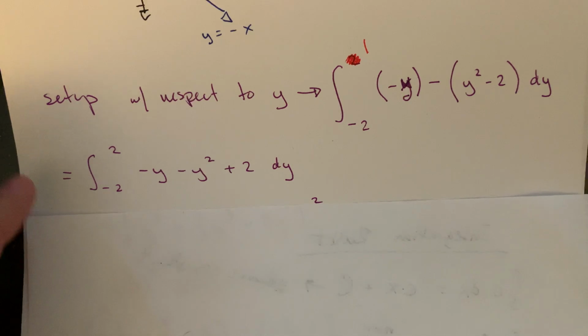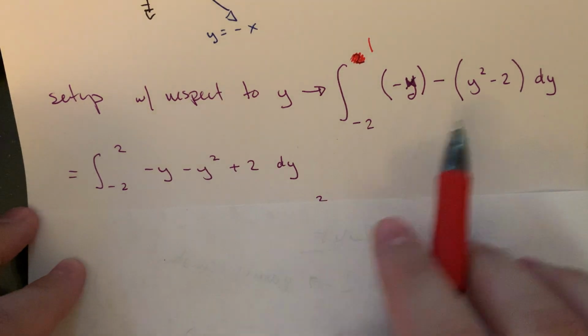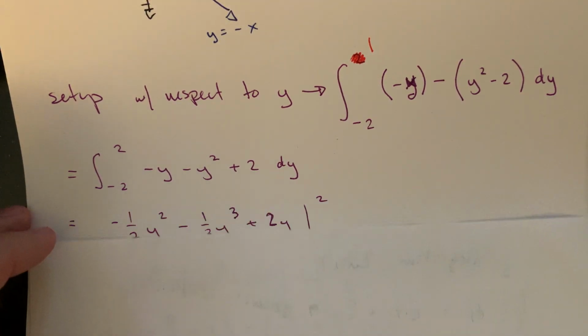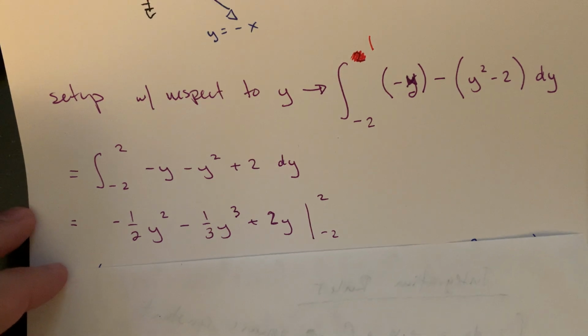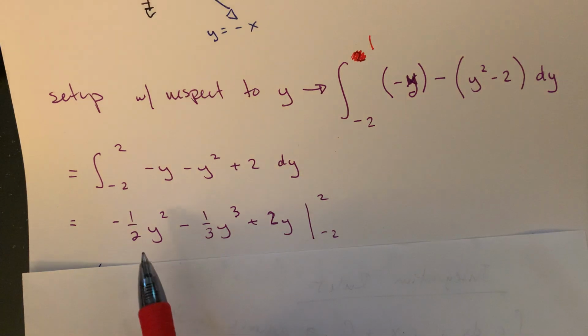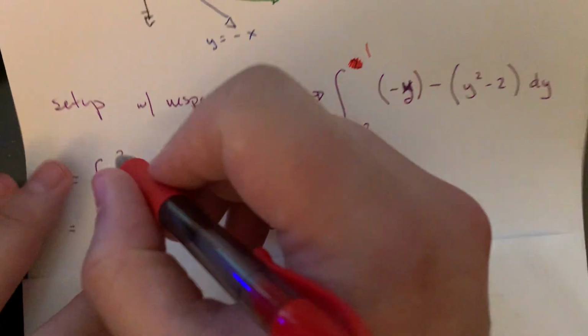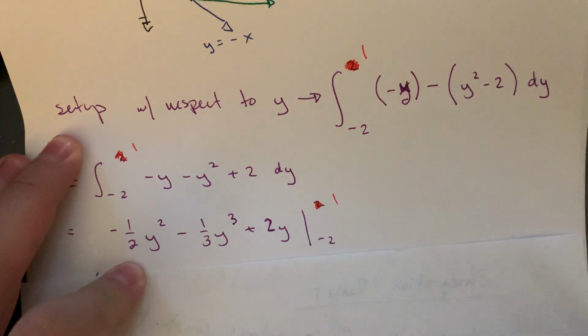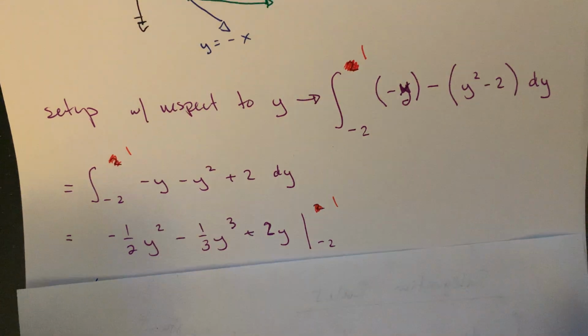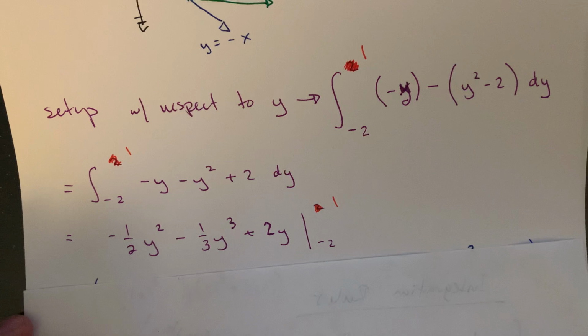Pretty reasonable antiderivatives here. This is just distributing this negative, going from there. Antiderivative, not a big deal. Again, let's change these boundaries. So that should be a 1, this should be a 1. So what have I got?